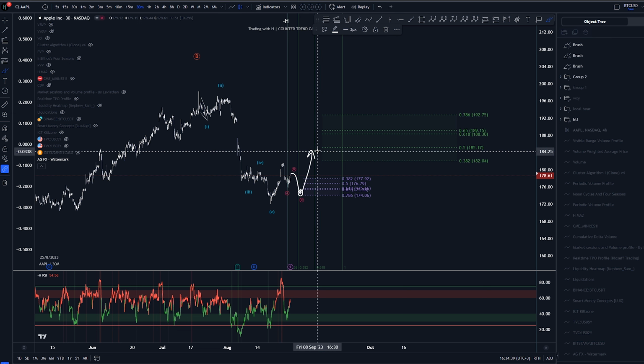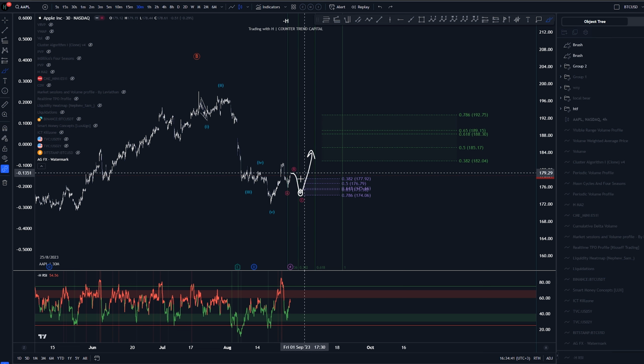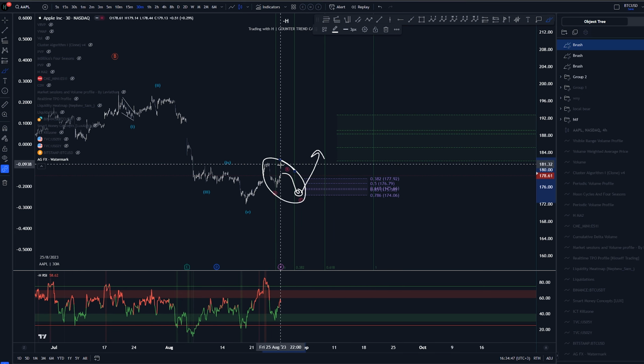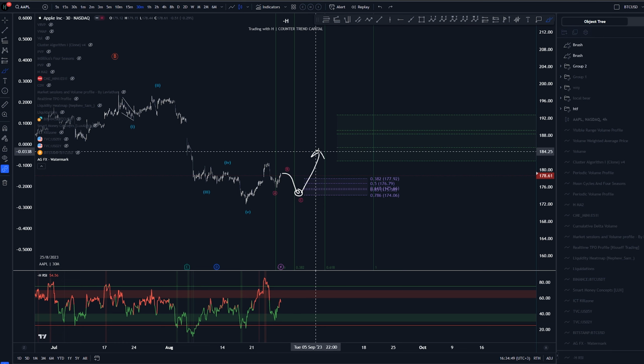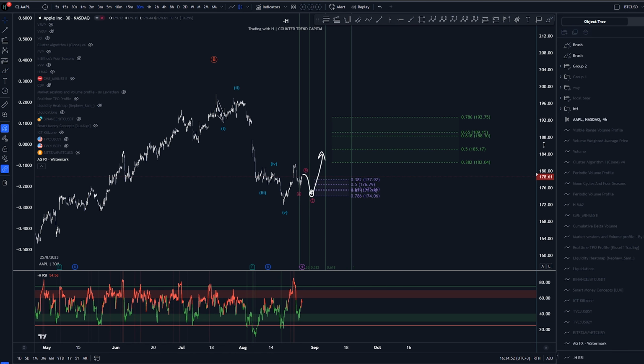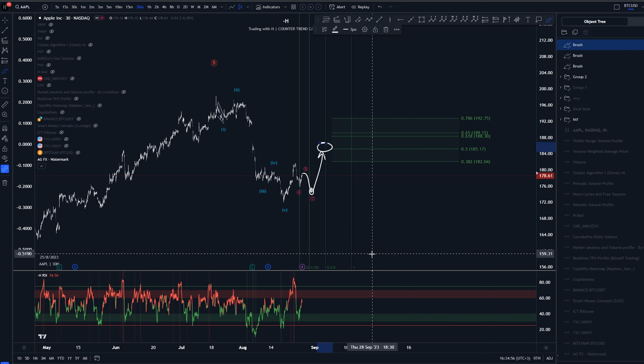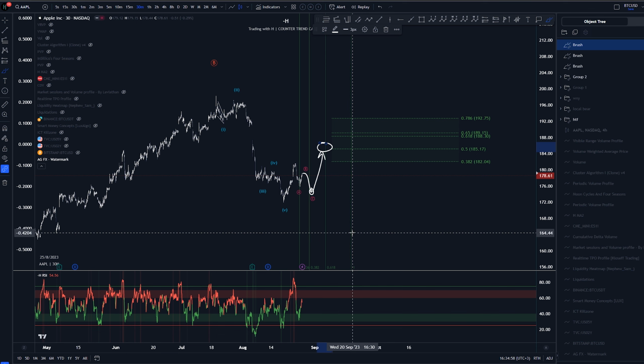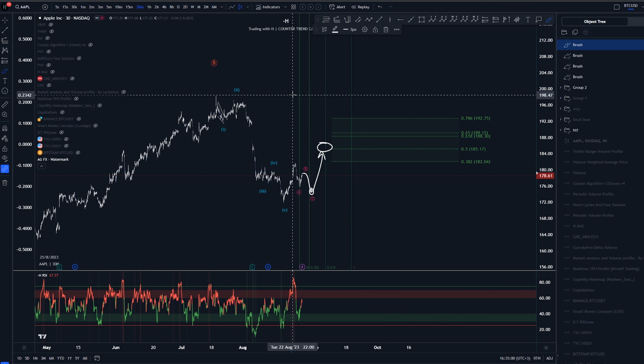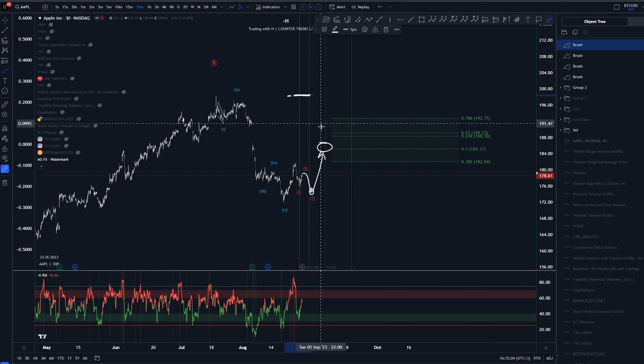So anywhere around 185 by the looks of how this currently is building. Of course, a lot can happen before this structure is even finished, so the targets will be different later on. But this would be the area for looking for that short opportunity, and the invalidation for that idea is completely at this top, all-time highs.